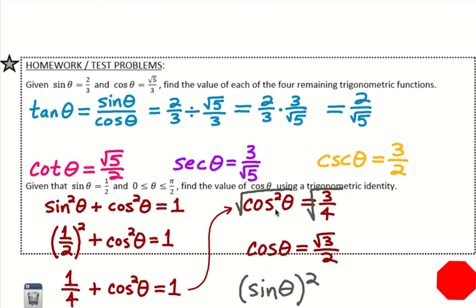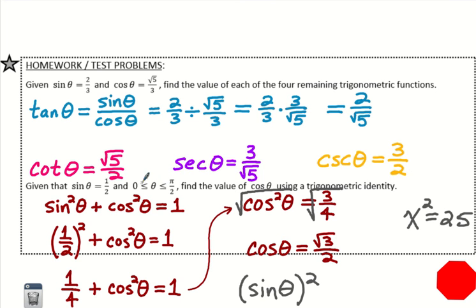When you take the square root of both sides of an equation, remember, don't write this down, but if you were going to solve something like x squared equals 25, and you took the square root of both sides, don't you get at the end 2 answers, plus or minus 5? Positive 5, negative 5. Well, guess what? Technically, here, you should get 2 answers: positive root 3/2, and also negative root 3/2.